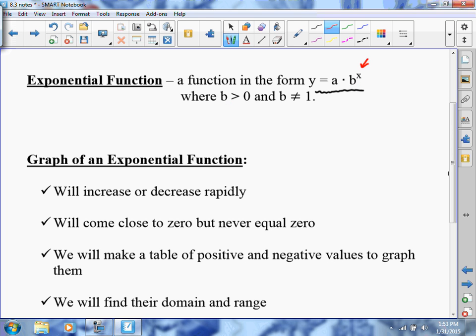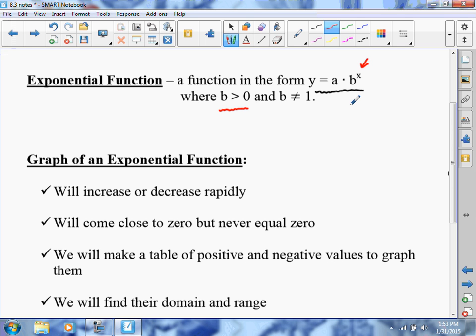Notice here your base has to be greater than 0. Can't be a negative number for your base. But this number out front, this a, that could be a negative number that you would multiply this whole power by. So that could affect your function and get a negative into your function that way.